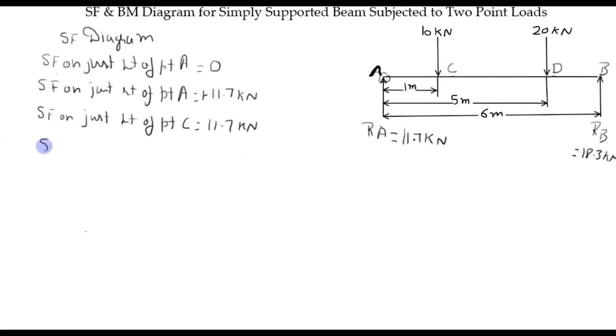The next one is a shear force on just right of point C. So place the finger just right and sum up all leftward forces. So there are two leftward forces, 11.7 acting vertically upward and 10 vertically downward. So net is 1.7 kilonewton.